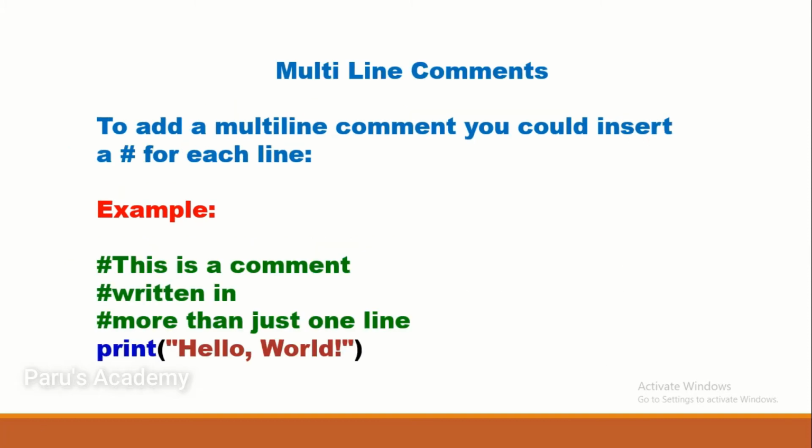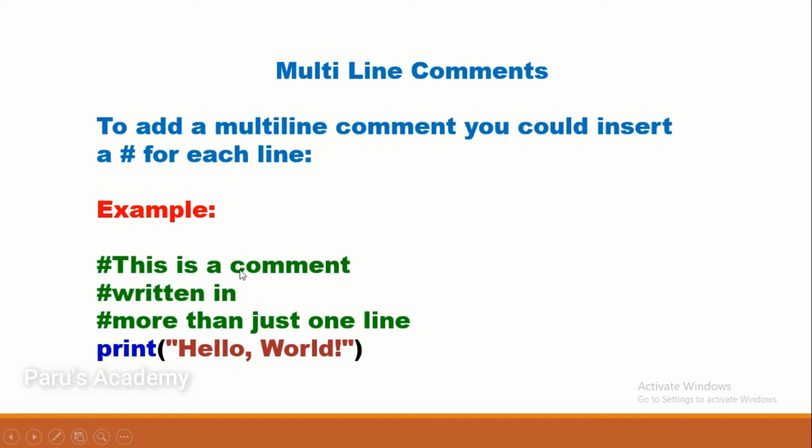Next is multi-line comments. Comments can be written in multiple lines also. To add a multi-line comment, you can insert a hash for each line. For example, see here: this is a multi-line comment. This is a comment written in more than just one line.